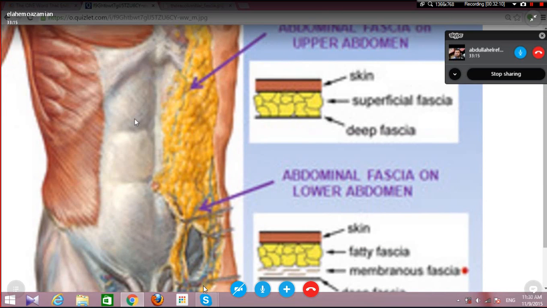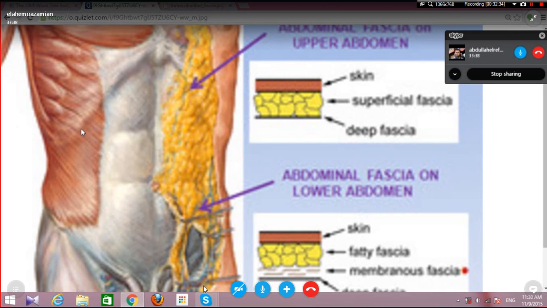We said deep fascias go around the muscles, right? What were our muscles here? We have external oblique, internal oblique, and then? Transverse abdominis, or transversus abdominis. Good.